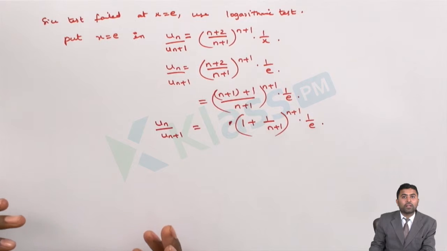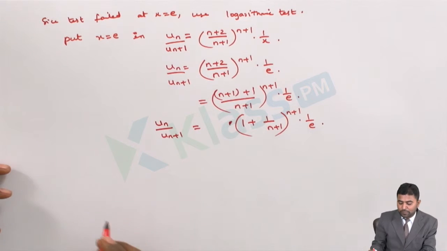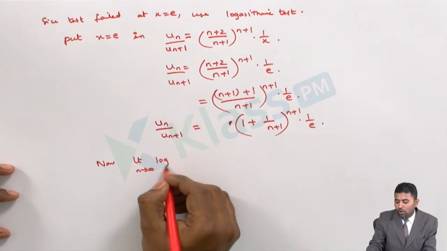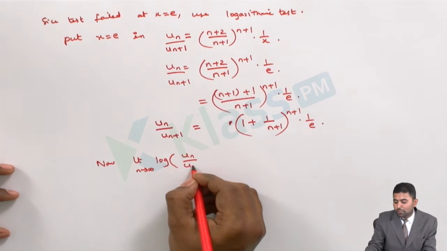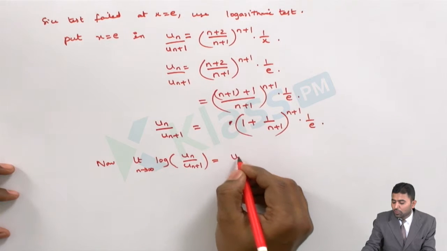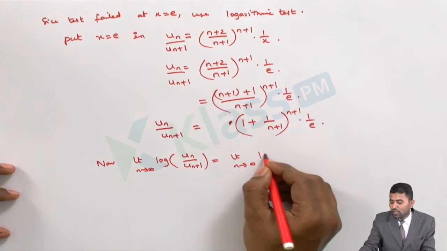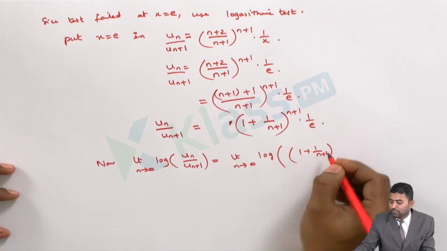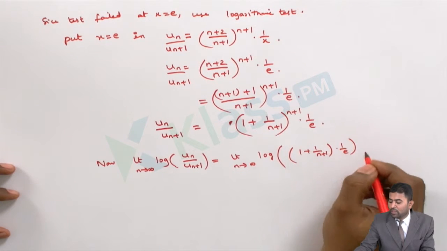Right? Now applying the logarithmic test. Limit n tends to infinity, log of un by un plus 1 is equal to limit n tends to infinity, log of 1 plus 1 by n plus 1 whole power n plus 1 into 1 by e.